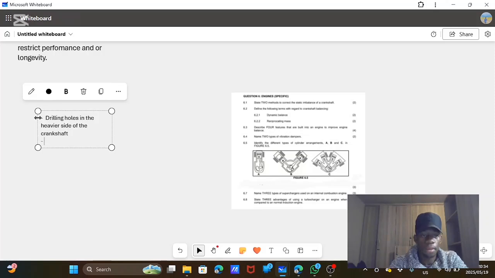Number two is adding counterweights, or balancing weights, to the lighter side.